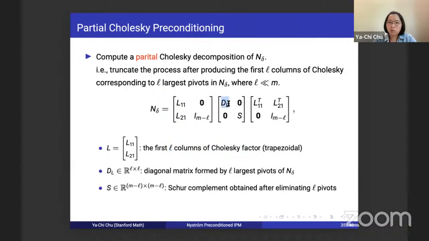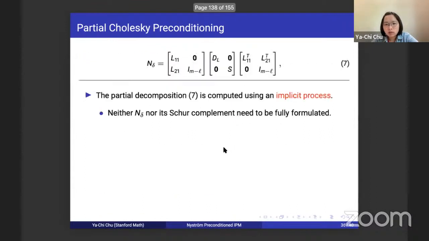The L largest pivots we have from doing the Cholesky factorization, and the remaining part is actually the Schur complement. But when we put this algorithm into the implicit setting, we won't compute the whole Schur complement at the same time.